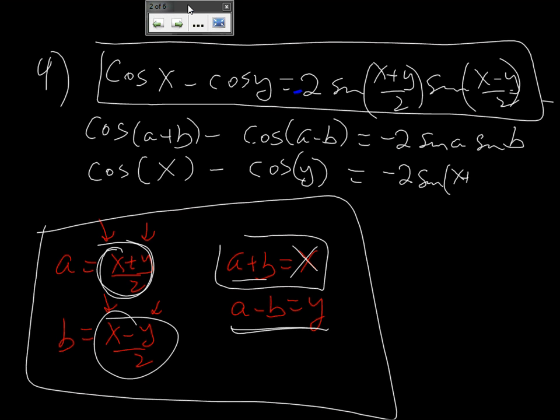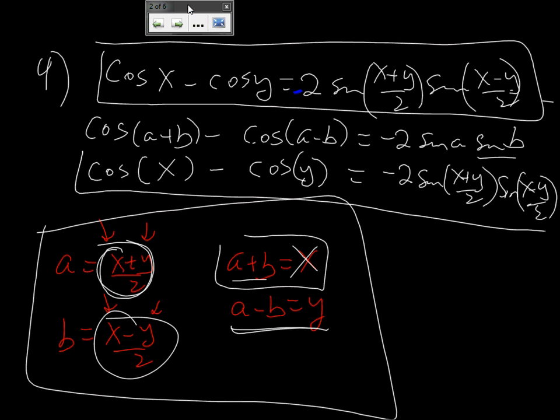The sine of x plus y over 2 times the sine of b, where b is x minus y over 2. And then I look at this and I say, yes, I have it. I verified number 4.